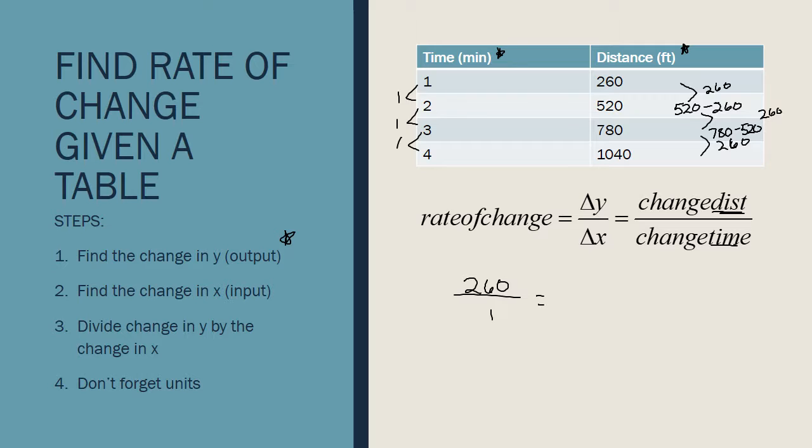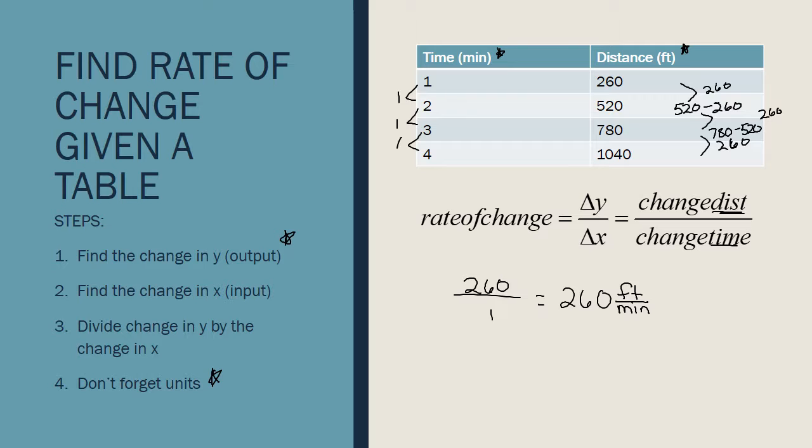So I have 260, and then the last thing is don't forget your units. Distance was my numerator, so I have feet per, and then minutes was my denominator, per minute. So this is saying 260 feet per minute, and that's my rate of change. Okay?